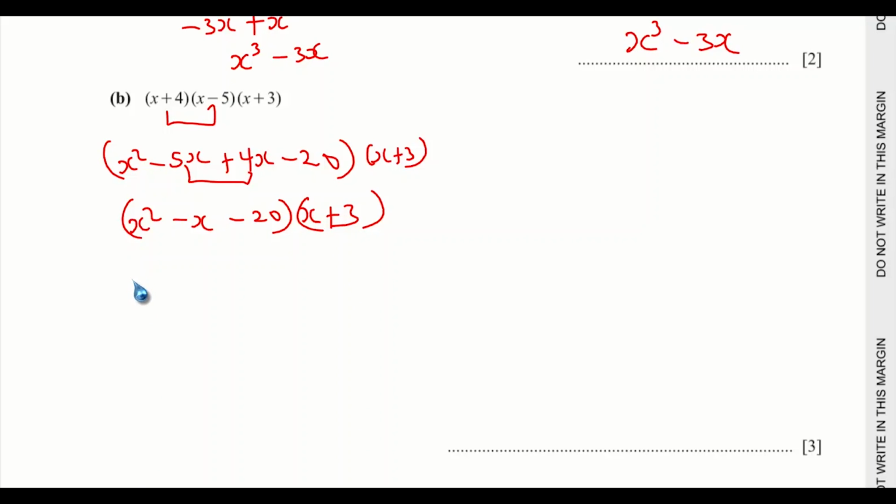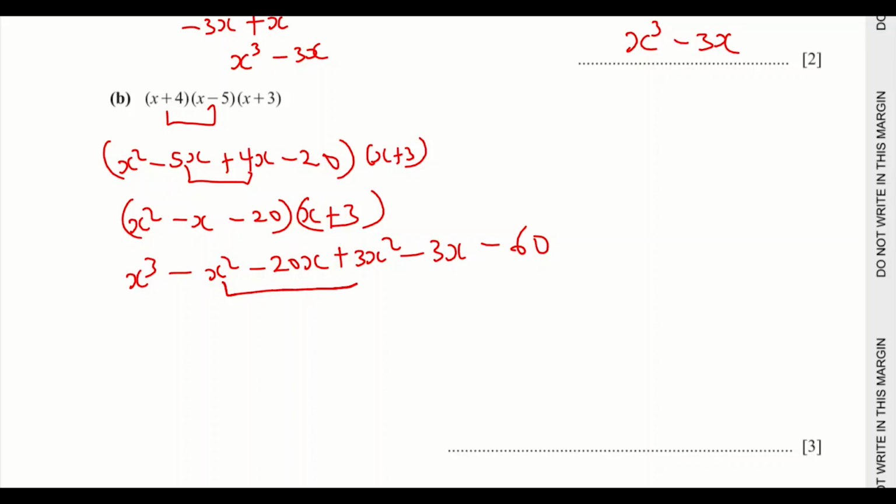So this will be x times x squared, that will be x cubed minus x squared minus 20x. Then let's start with 3 now, so plus 3 times x squared, that will be 3x squared minus 3x minus 60. So we need to rearrange, or collect like terms.